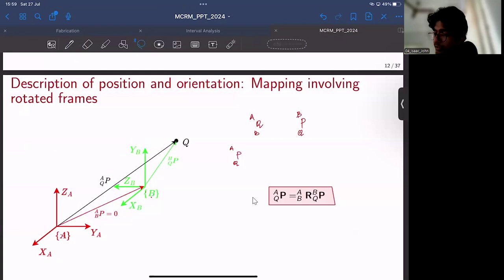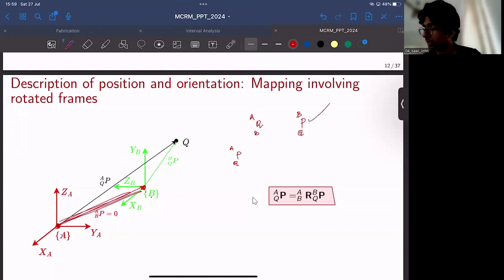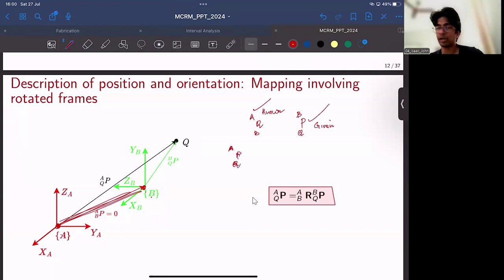You can consider the distance between the origins of these frames to be 0, but I have only given a gap just to make this more clear. You can consider this offset to be 0. If the position of Q with respect to B is given, and we can also find the rotation matrix of B with respect to A, then we can find the position vector of Q with respect to A using this transformation.